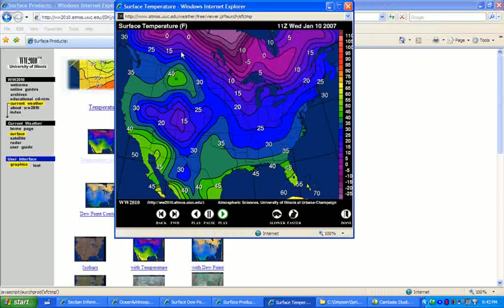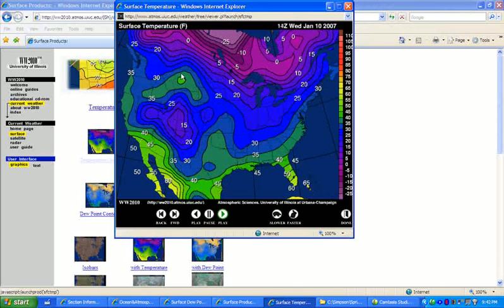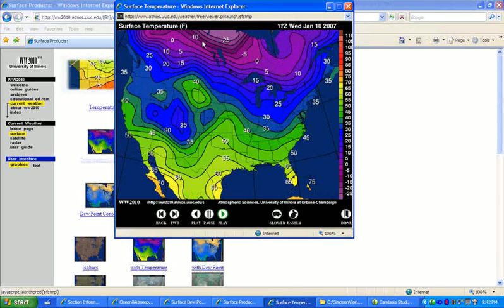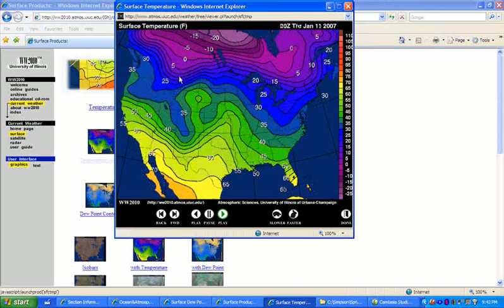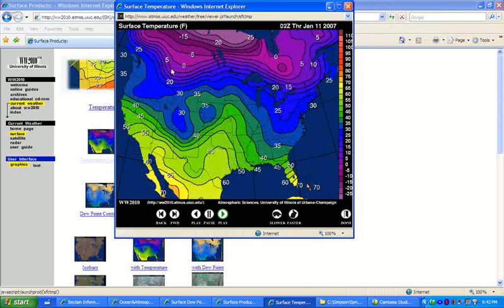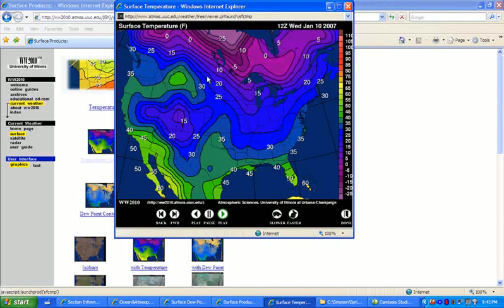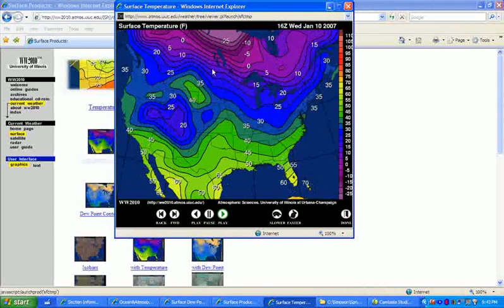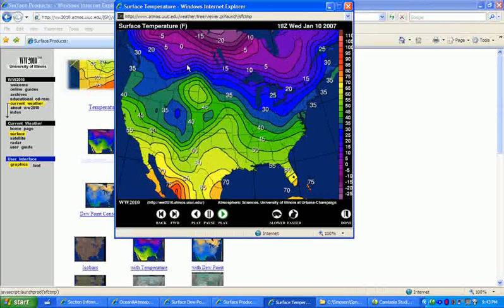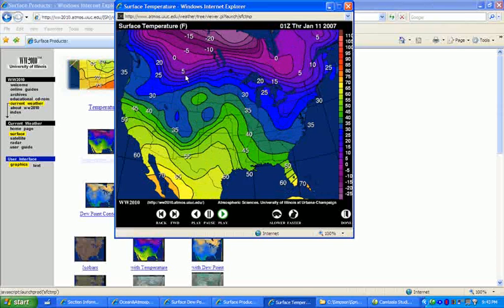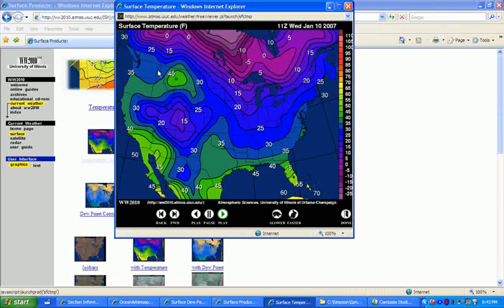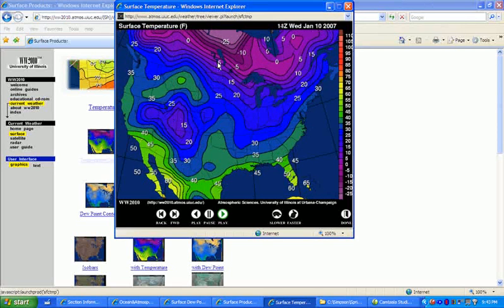However, notice in the last few frames, the cold air begins to move into Montana. Now watch this. As we go through the day, the colder air begins to move southward. This is where our next system is coming through. Anytime you see isotherms banding together, the way they're banding together up in Montana is indicative of a front, what we would call a cold front. This cold air will begin to move.